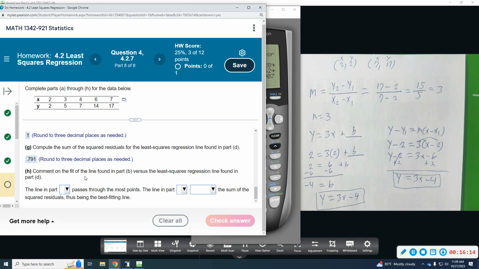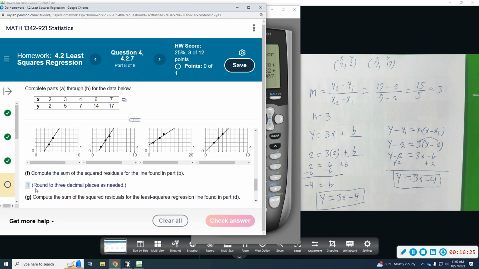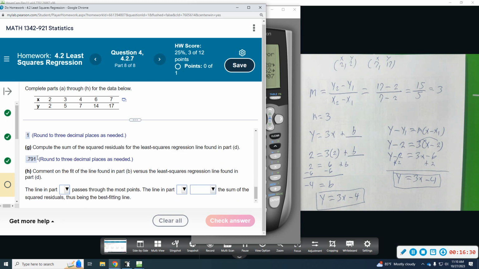So H says comment on the fit of the line found in part B versus the least squares regression line found in part D. So when you look at these two, the sum of squares is 1, this one is 0.79. This one is lower.